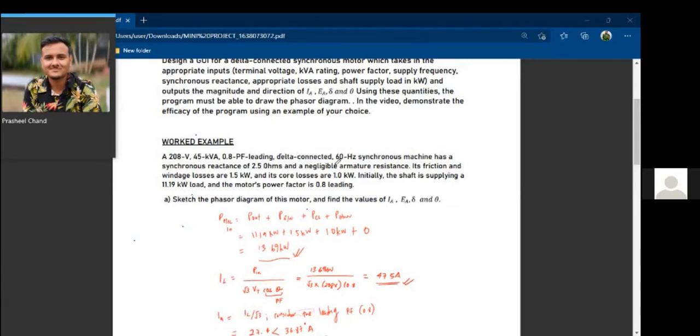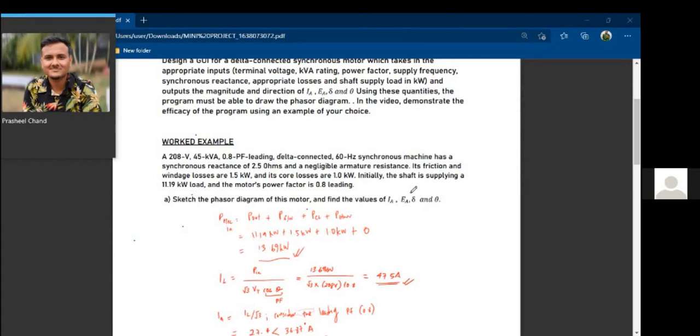Its friction and windage losses are 1.5 kilowatts, and core loss is 1 kilowatt. Initially, the shaft is supplying an 11.19 kilowatt load and the motor's power factor is 0.8 leading.